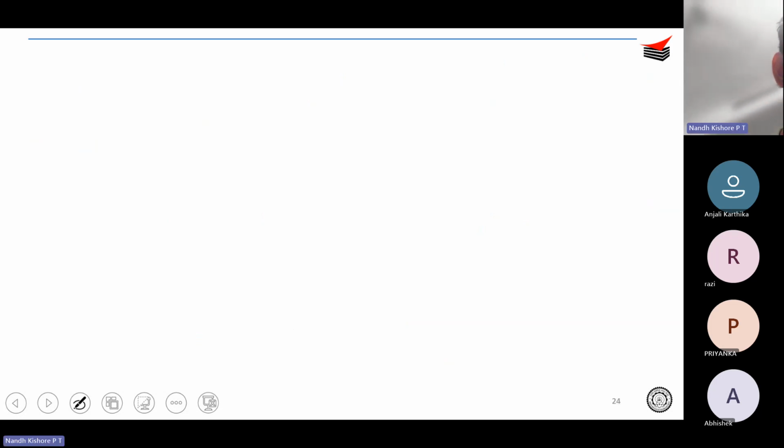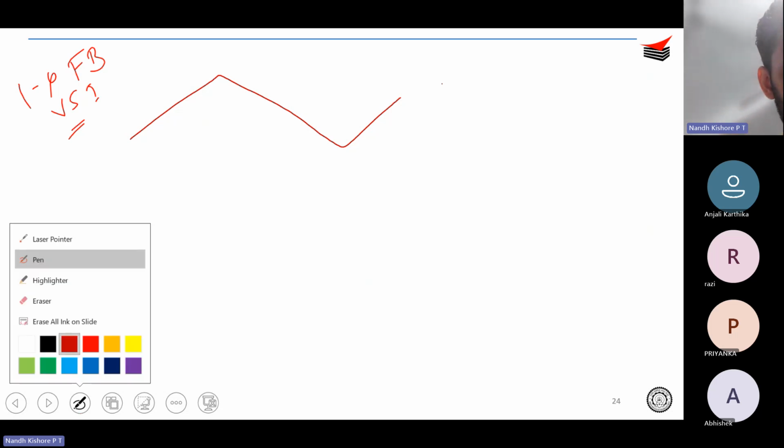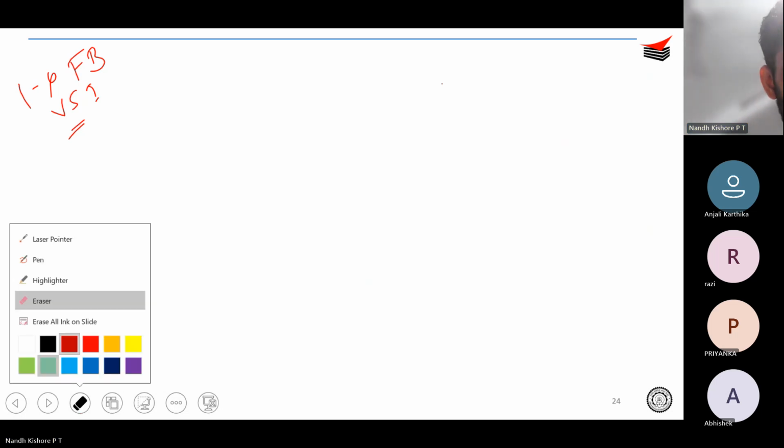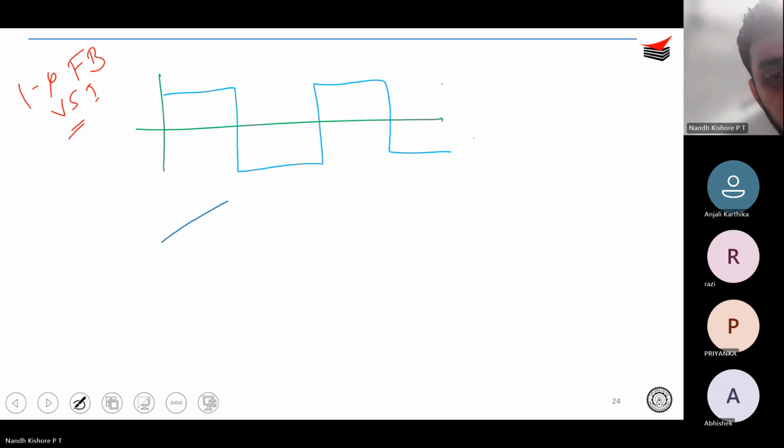Then you went into the single phase full bridge VSI. You learned that the output current can be something like this if it's an L load. Let's say the output voltage is something like this. Then the output current may be something like this.